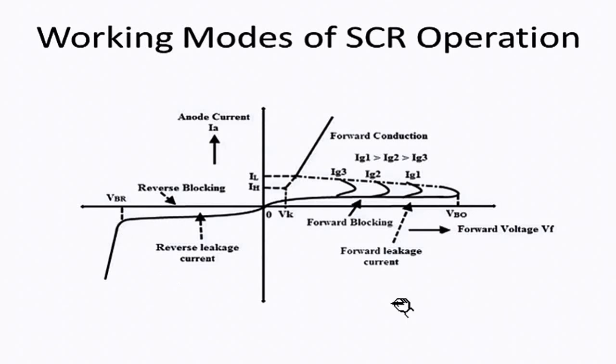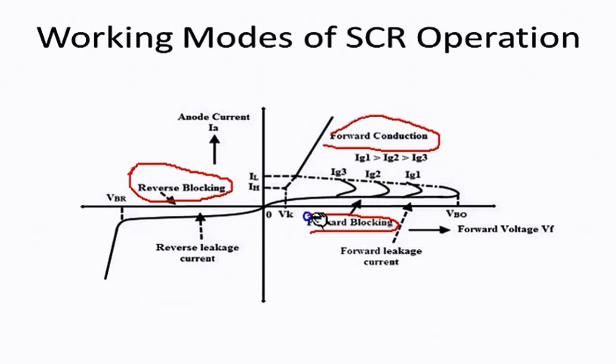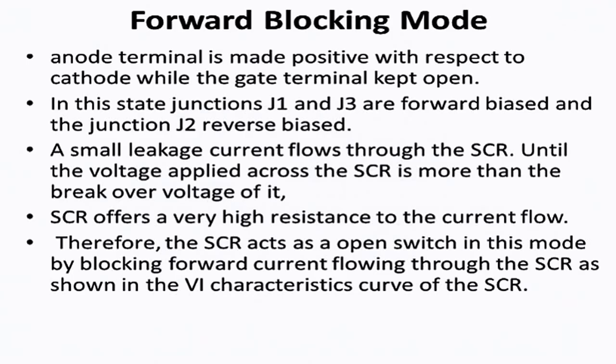This is the VI characteristics of SCR. So we can see here 3 operating states: reverse blocking mode, forward conduction mode, forward blocking mode. Let us first discuss about forward blocking mode. Here anode is positive, cathode is negative, but gate terminal is kept open.